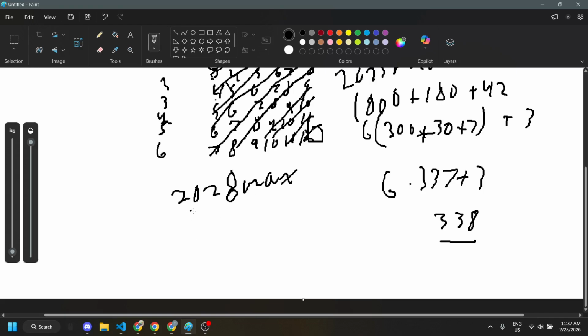The minimum you can get is 338. 338 is the minimum.